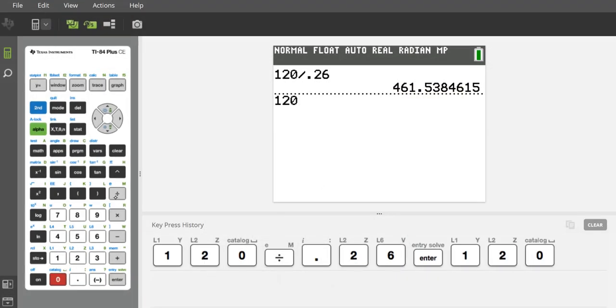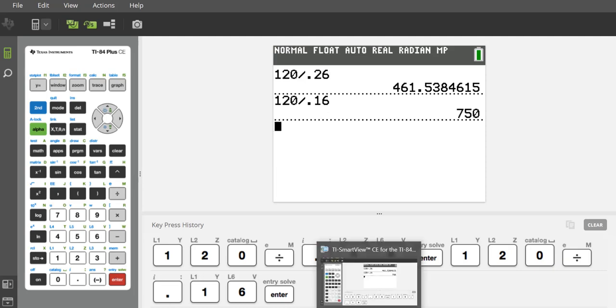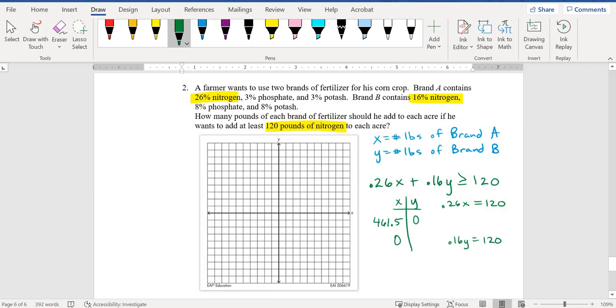So 120 divided by 0.16 is 750. So I have a y-intercept of 750 and an x-intercept of approximately 461.5. Since the inequality is greater than or equal to 120, it's a solid line.